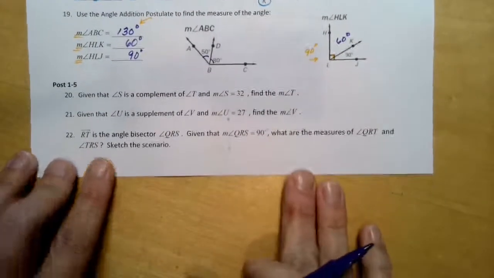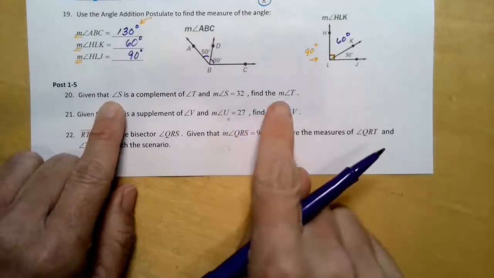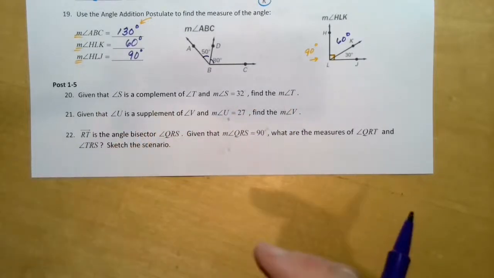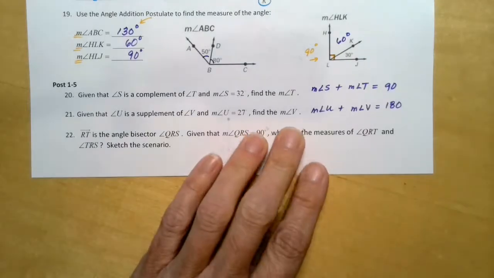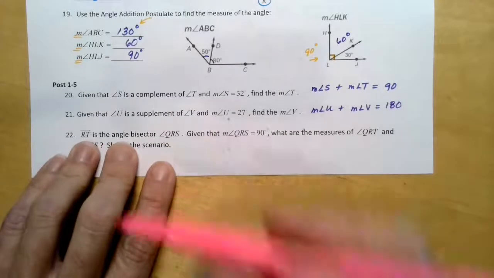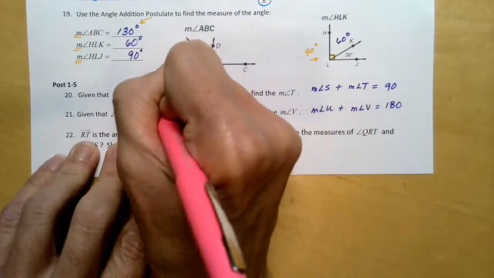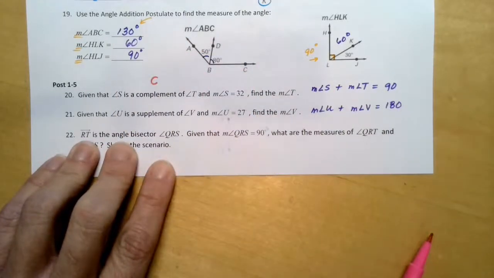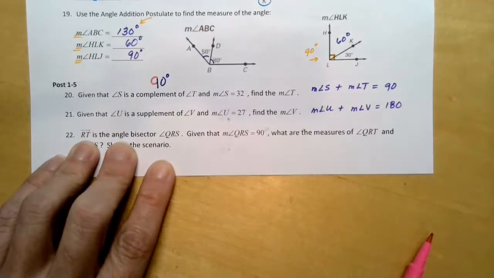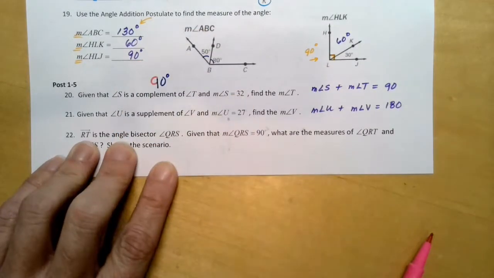All right, let's talk about 1-5. Given that S is a complement, okay, and so here we have some conversations in what it means to be a complement or a supplement. So let's take a look at this. When we talk about a complement and a supplement, remember when we have a complement, that is for a 90 degree sum of the measures of the 2 angles.